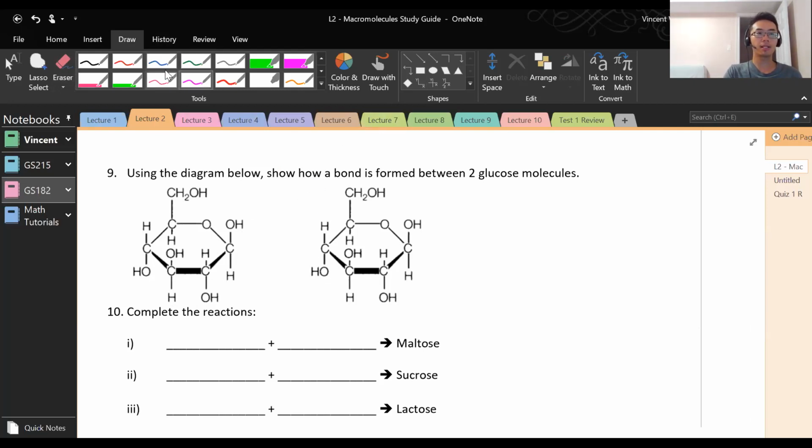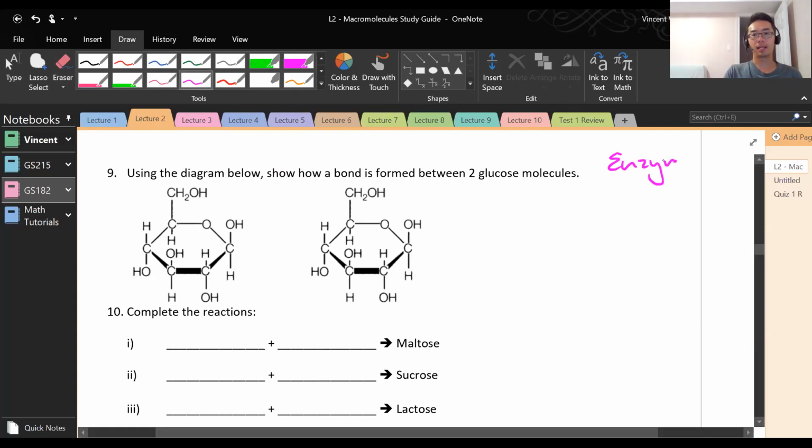Well, there's going to be an enzyme. An enzyme is something that will help speed up or catalyze a reaction in the body. So if you put 2 glucose next to each other and you have the right enzyme, the enzyme will take a hydrogen from one of the glucose and an OH from the other glucose, and rip them out.